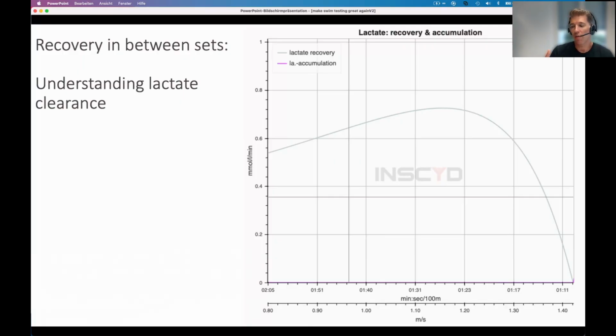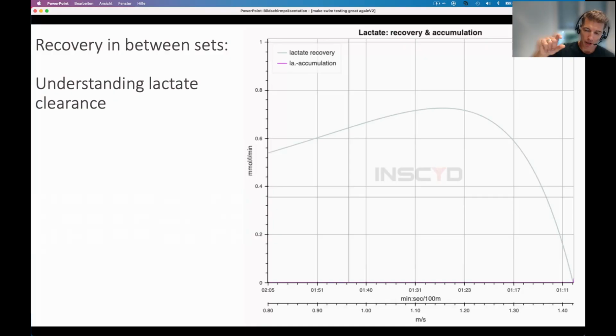Because if, for example, and I'm going to show something specifically for that, if you want to set up intervals the right way to trigger the right training adaptation, you need to understand if there's a carryover effect, a compound effect, from lactate accumulation from one interval to the other, and what it does.